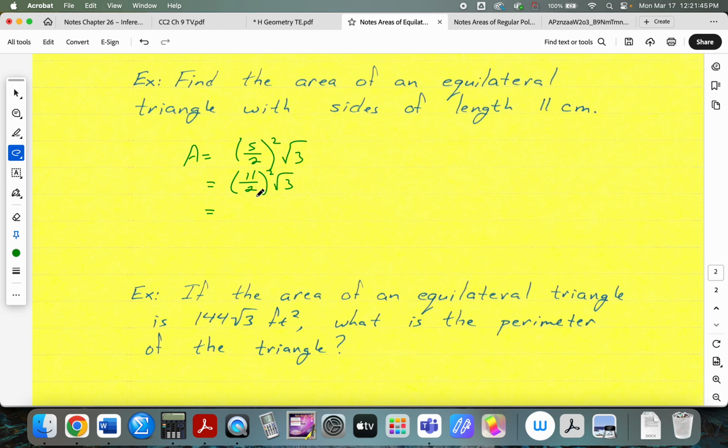How do I square a fraction? Square both the numerator and the denominator, because it's 11 over 2 times 11 over 2. That'd be 121 over 4. And I usually put the square root of 3 in the numerator. If you wanted to do 121 over 4 all times the square root of 3, that's fine also. And it would be square centimeters.